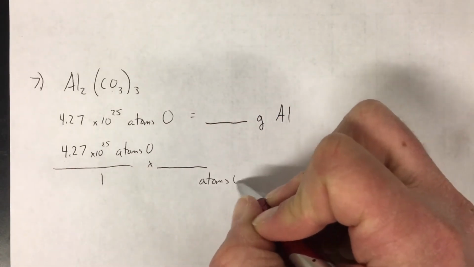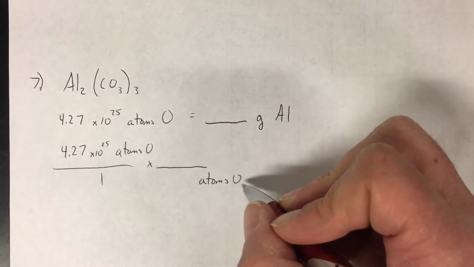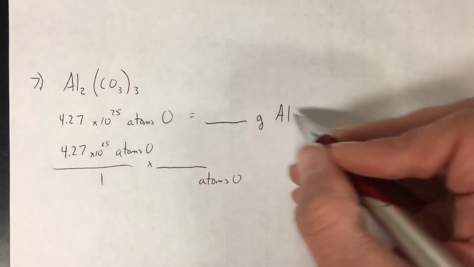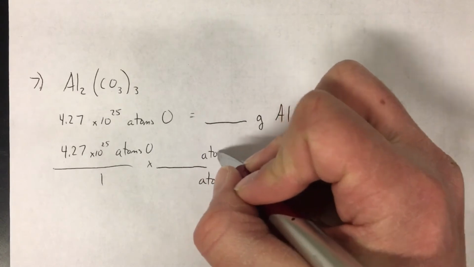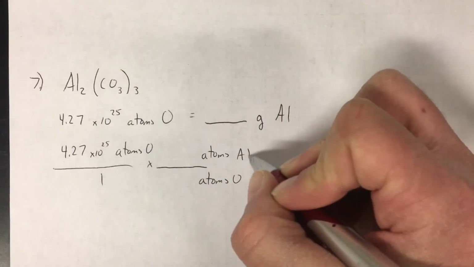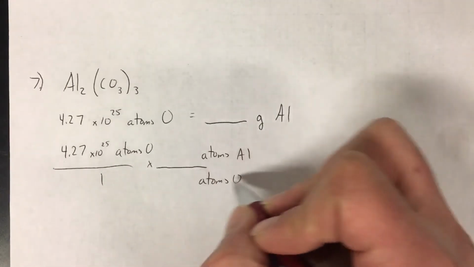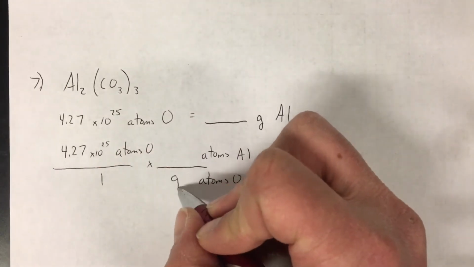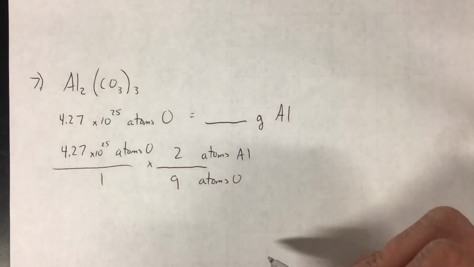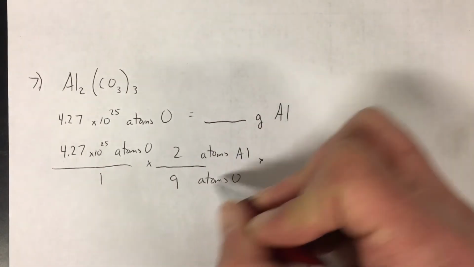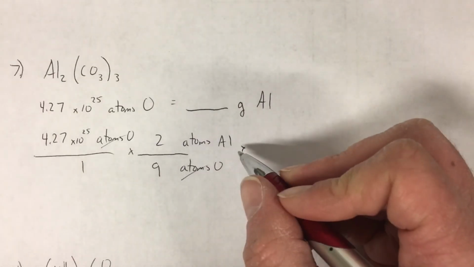We're going to cancel atoms of oxygen, and we can go straight from atoms of oxygen to atoms of aluminum by using the ratio within the formula. So we've got 9 oxygen and 2 atoms of aluminum. That gets us into atoms of aluminum.